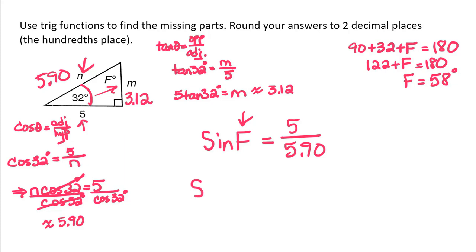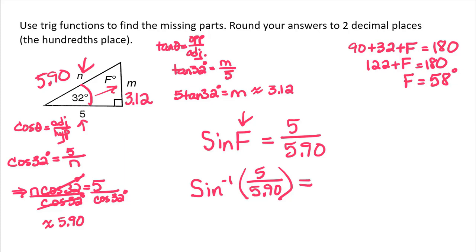So I'm going to do inverse sine, that's sine with a little -1 up there, of this ratio, 5 divided by 5.90. And I am going to use my calculator. I am going to punch in 5 divided by 5.9, and then I'm going to hit equals.